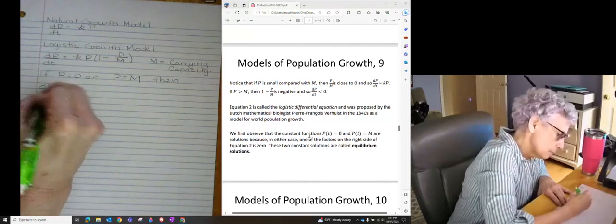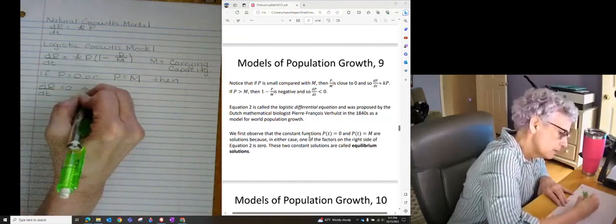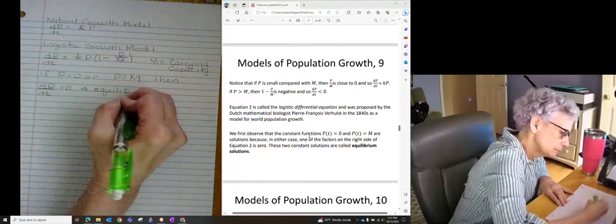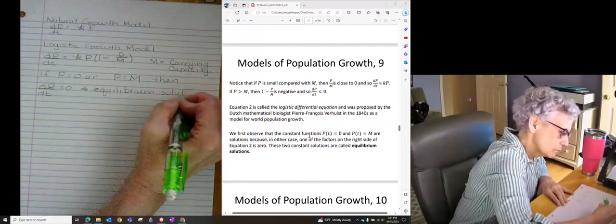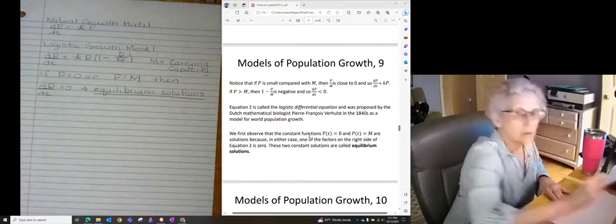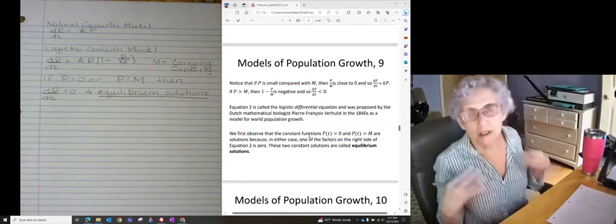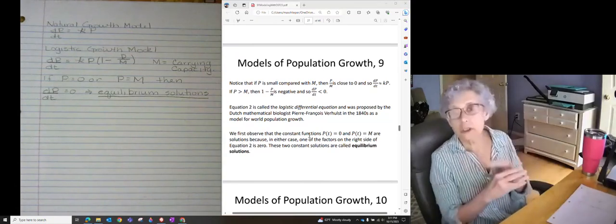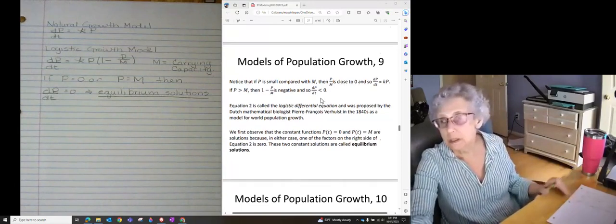Then dP/dt is equal to 0. These are equilibrium solutions. There's no impetus for them to change. Nothing is trying to make them grow or shrink. They're just going to sit there because their growth rate is 0.